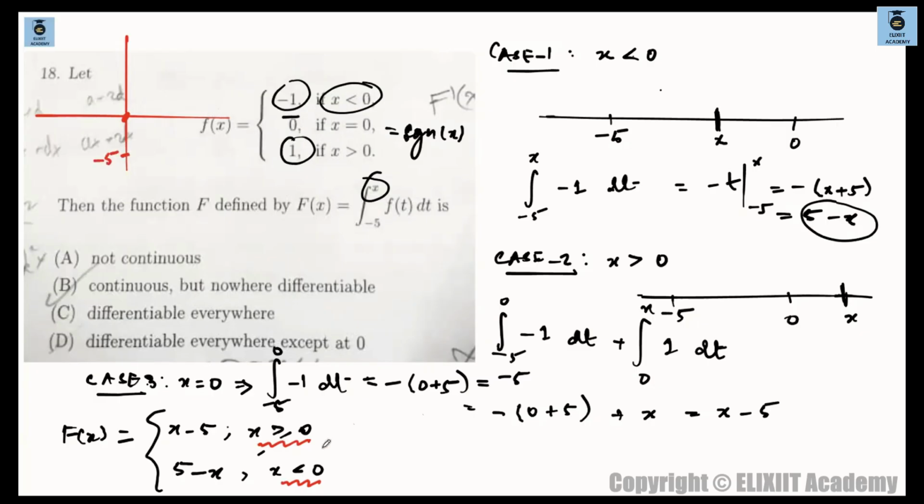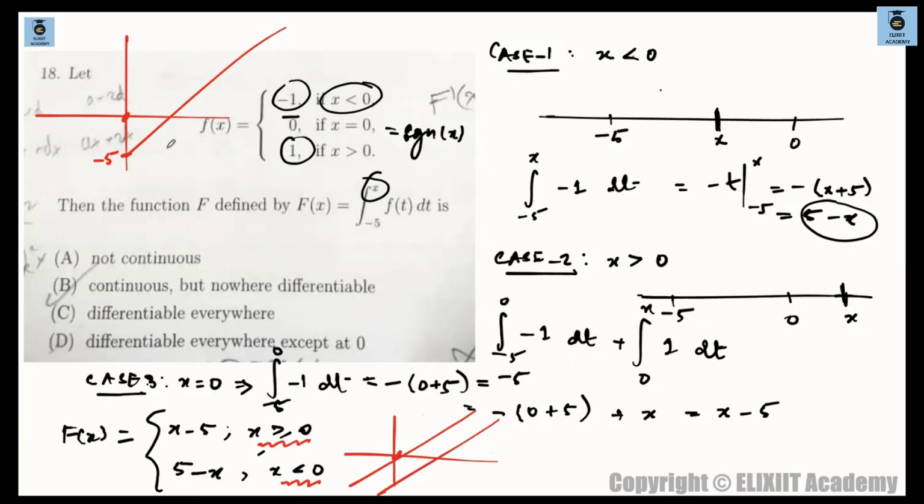For x greater than or equal to 0, we are having x minus 5. So for x minus 5, the graph looks somewhat like this. The graph of y equal to x looks like this, and then we are shifting the graph by 5 units down. So that will become x minus 5 like this.